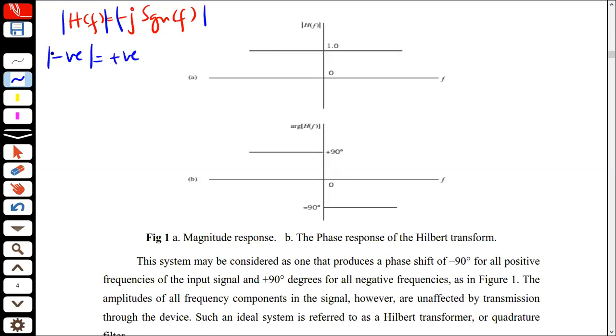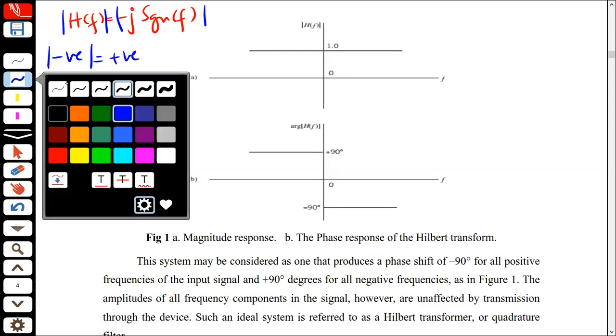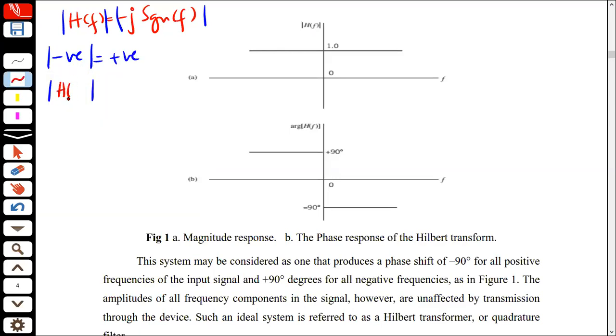That is what a modulus operator does. So for this H of f, which earlier had a negative value, it should now change to a positive value. So it will be equal to signum of f.